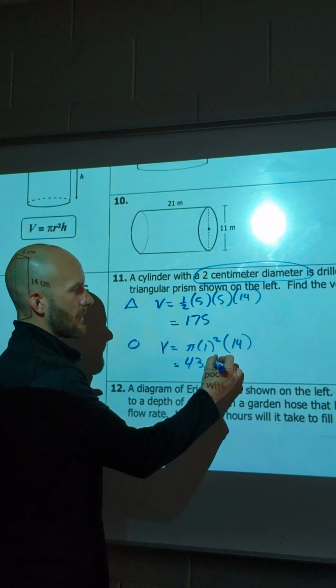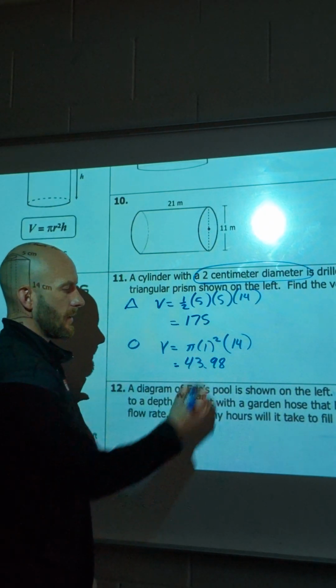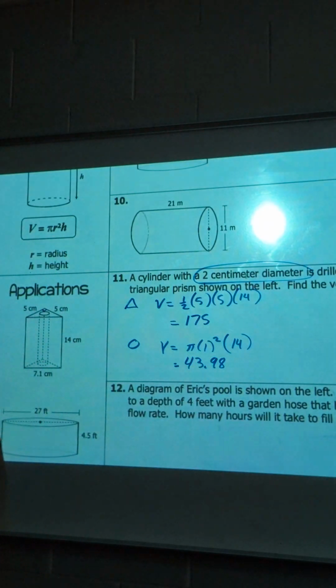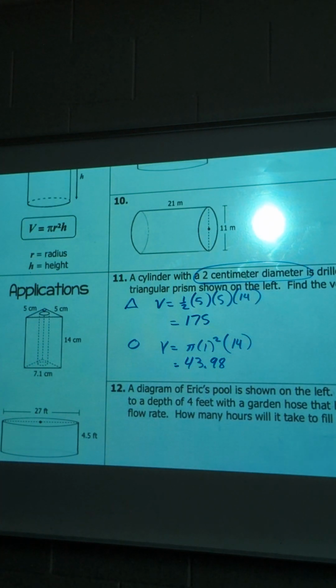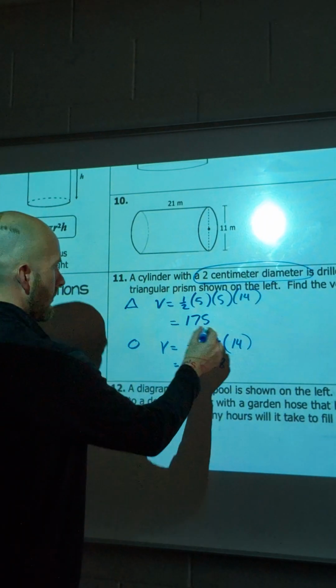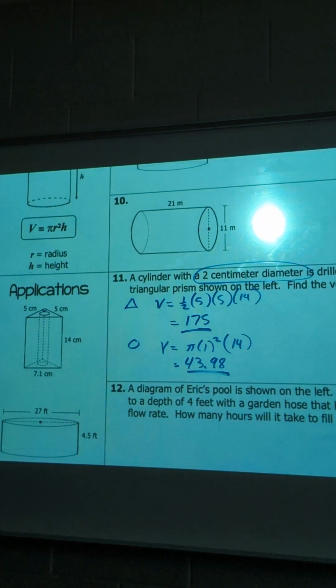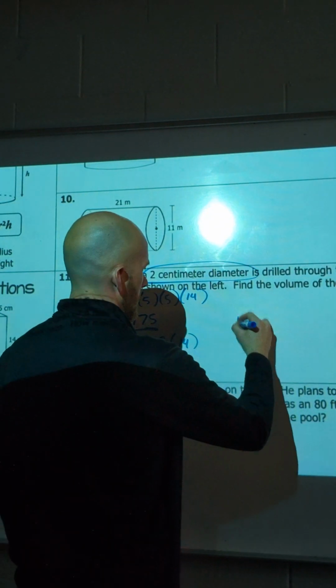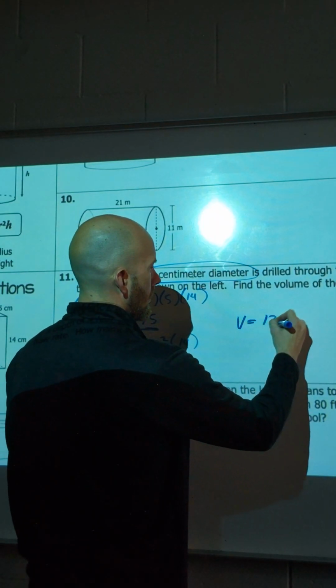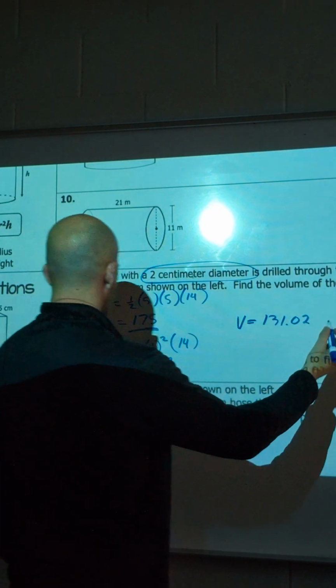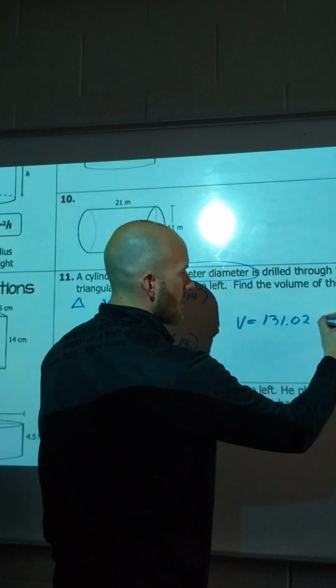Let's just leave it as 43.98 for now. So now to get what's left, just take the 175 minus 43.98. 131.02, and that would be cubic centimeters.